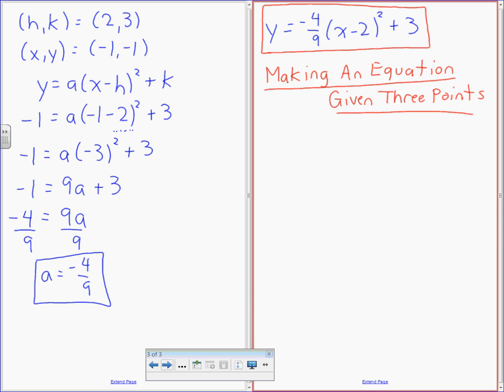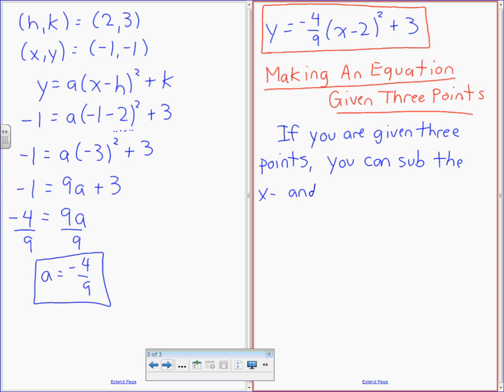Okay, so we're going to say, if you're given 3 points, you can sub them, so sub the x and y values into y equals ax squared plus bx plus c, which is called standard form.